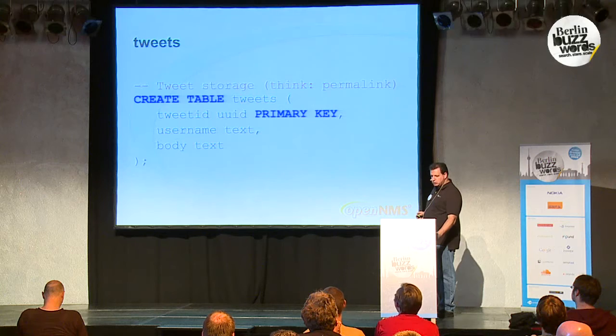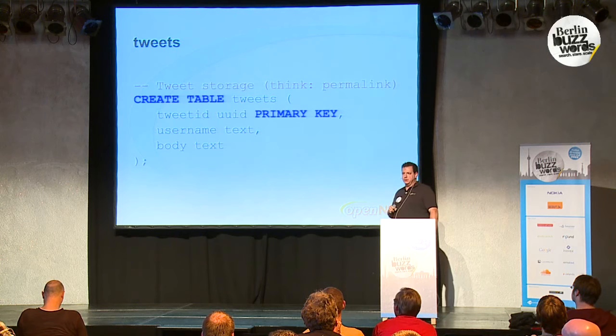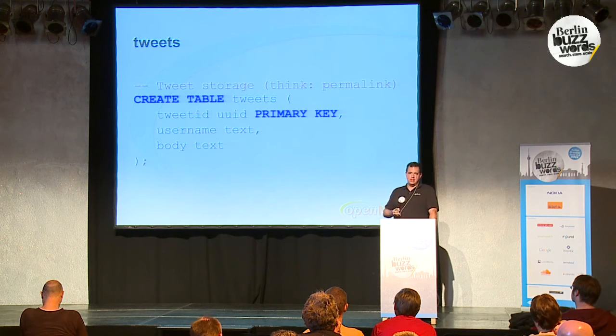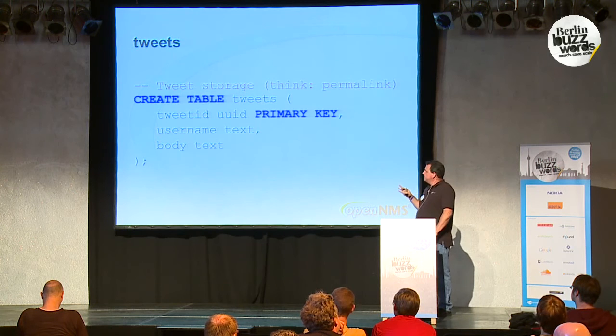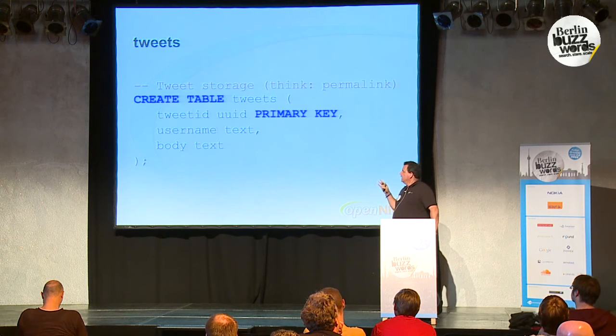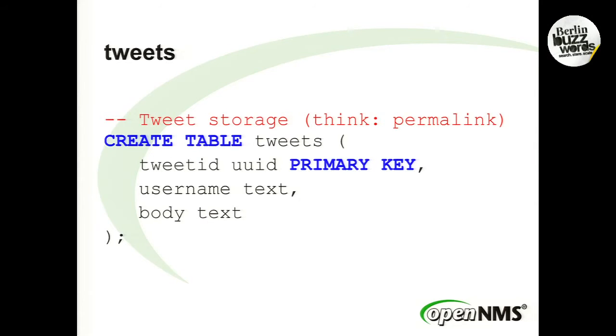Okay. So the first thing we'll need is a sort of discrete tweet store, because people share tweets, and so you need a way of effectively permalinking back to that tweet. So we create a table called tweets, and we'll give it a unique ID for the primary key. That'll be the row key. The lookup key is that ID.